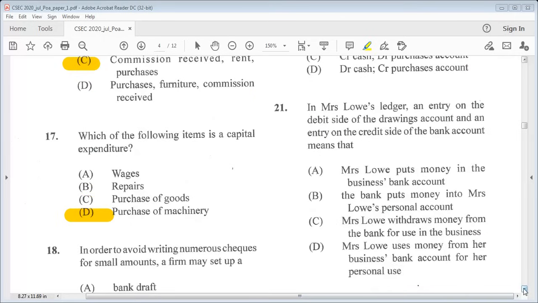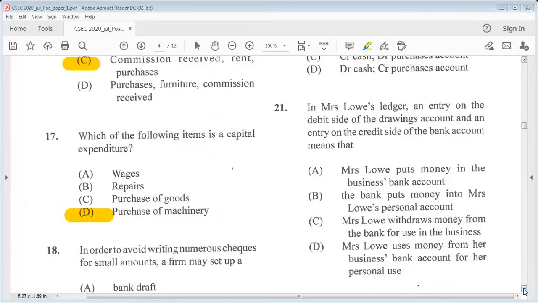In Mrs. Lowe's ledger, an entry on the debit side of the drawings account and an entry on the credit side of the bank account means that A, Mrs. Lowe puts money in the business bank account, B, the bank puts money into Mrs. Lowe's personal account, C, Mrs. Lowe withdraws money from the bank for use in the business, D, Mrs. Lowe uses money from her business bank account for her personal use.